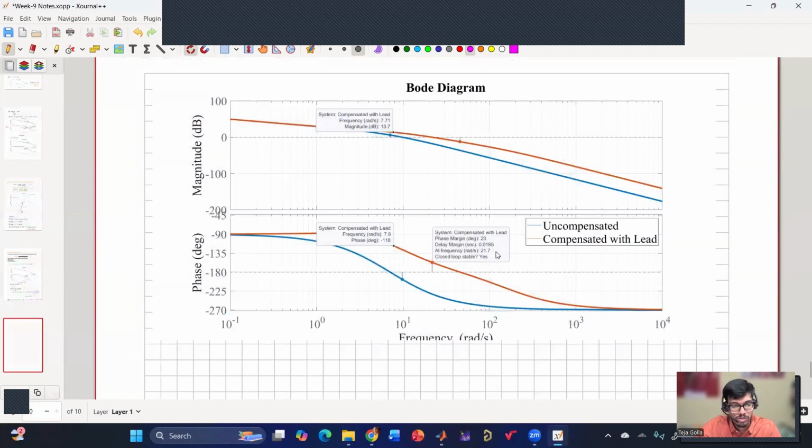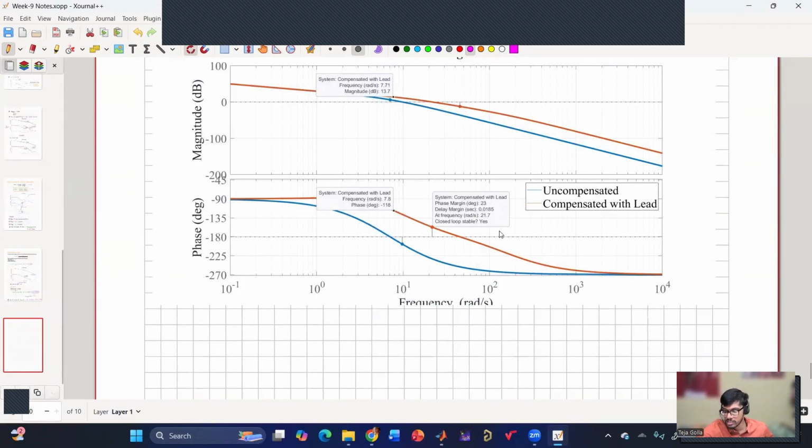Okay. So we have seen that this is with lead compensation, and it was not sufficient because we have gone till 75 degrees. Maximum is 90 degrees.